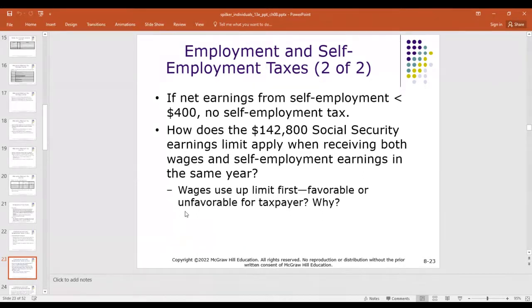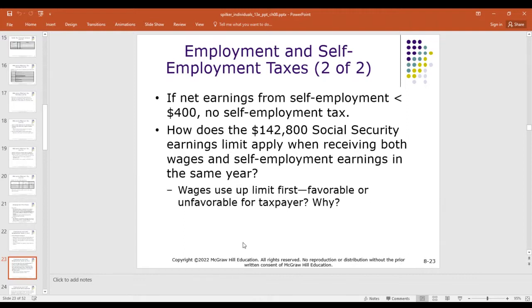Now, what if Courtney works and has a business? How do we calculate her Social Security? Take a look on page 8-19. Courtney received $162,800 in taxable compensation from a company and has $18,000 in self-employment. What are Courtney's self-employment taxes and additional Medicare taxes on her $18,000 of self-employment?